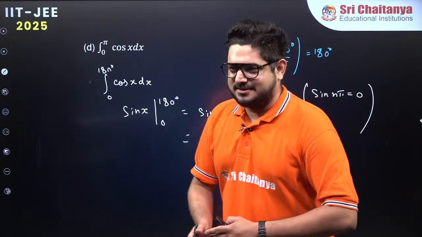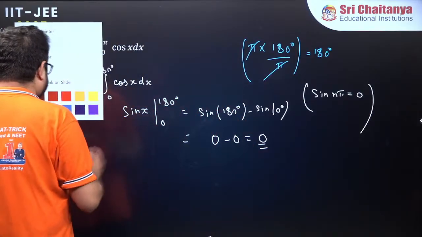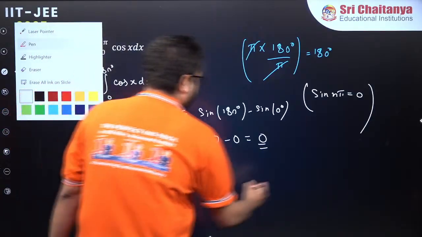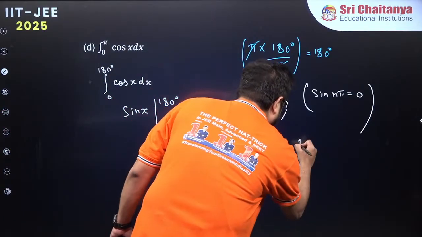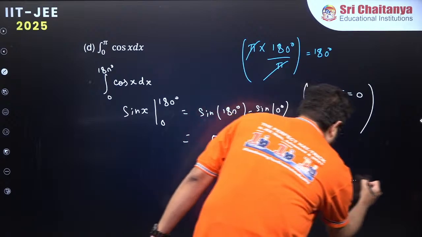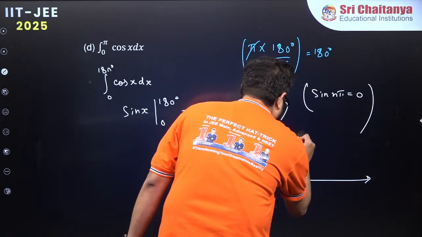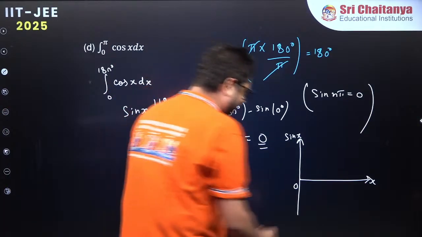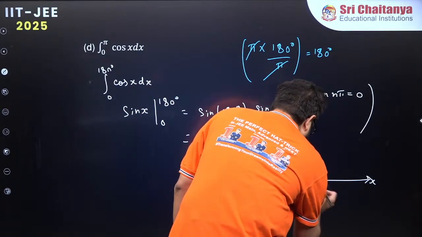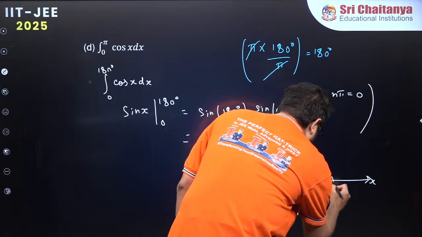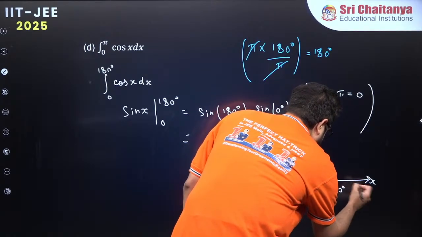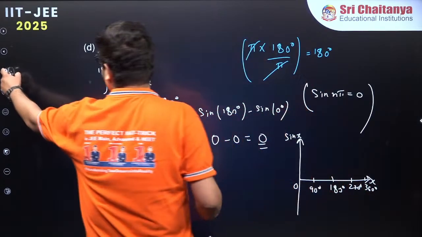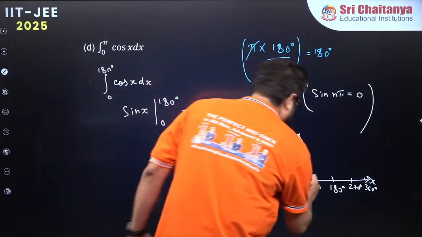It's not going to be 1. If I try to draw, okay fine, I will just give you a taste about how it looks like. If I try to draw the graph between sine x and x, where x comprises certain angles, let's say 90 degrees, 180 degrees, 270, 360, the nature of the graph which you can expect is going to be like this.